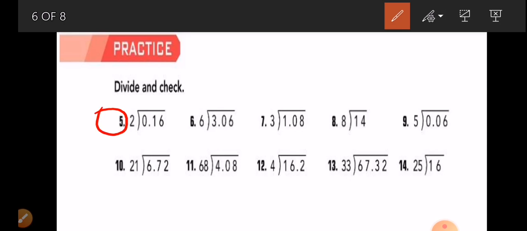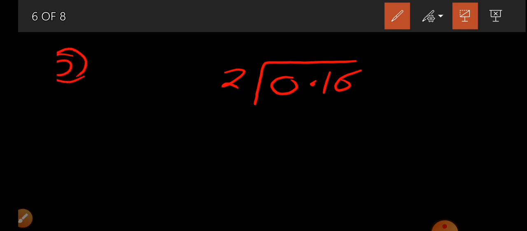We have 0.16 divided by 2. This is question number 5. Let's solve it together. 0 divided by 2, 0. Put your decimal up in the same place. 1 divided by 2, small divide big, remember, directly 0.